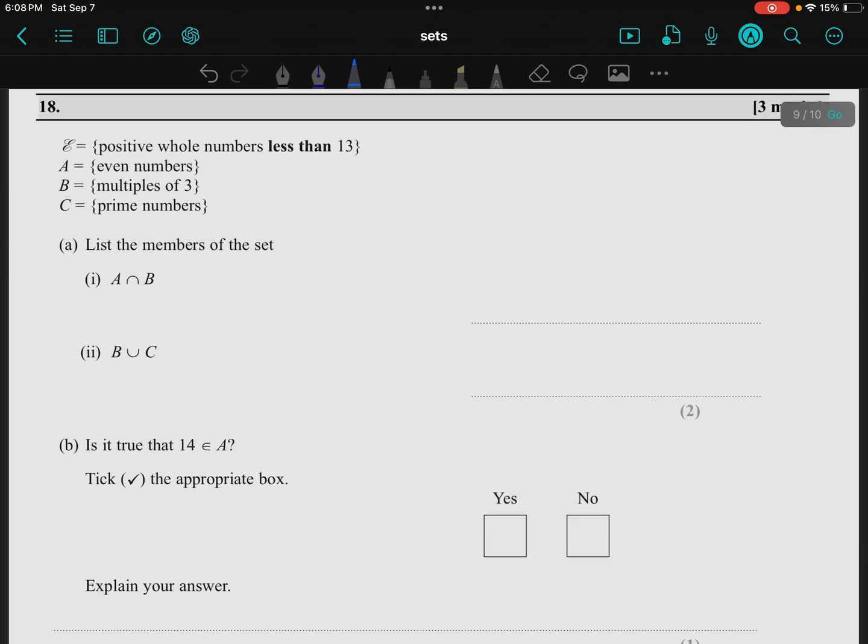Question number 18. Positive whole numbers less than 13. So even numbers you will write 2, 4, 6, 8, 10 and 12. Multiples of 3: 3, 6, 9, 12.